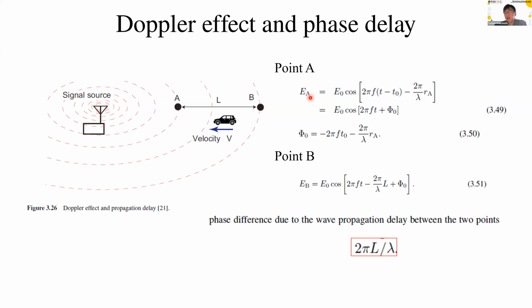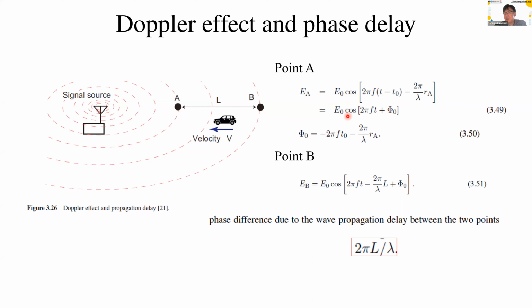The wave at point A can be described by a simple equation. I don't want to get into the detail, but it's quite simple. Here is the frequency term, and this shows the initial phase.